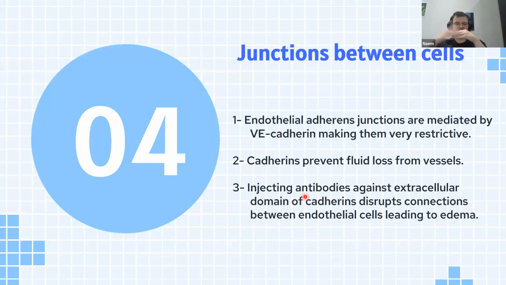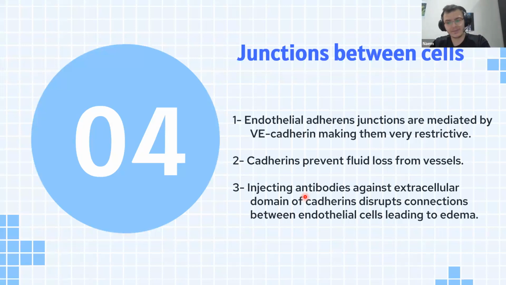We said we have these adhesion junctions and adherence, holding the endothelial cells together and preventing fluids from going through them. Now, imagine there are antibodies going to these specific proteins that make the adhesion junction and destroying them. What will happen? Leakage, right? What does leakage mean? Edema.